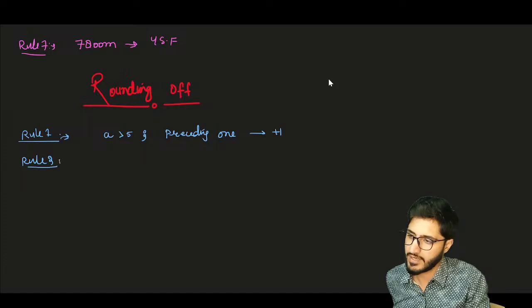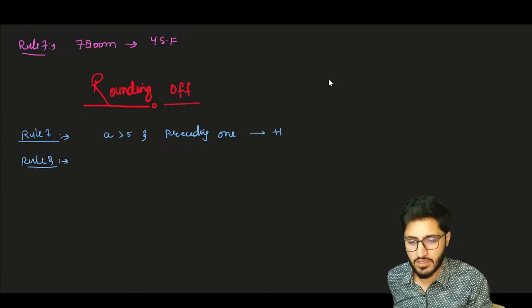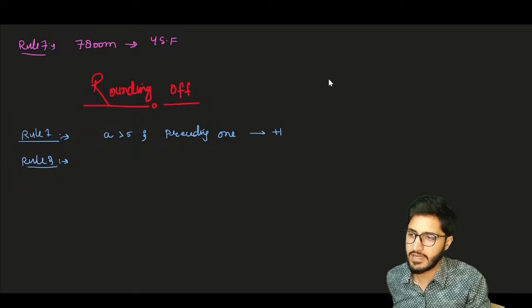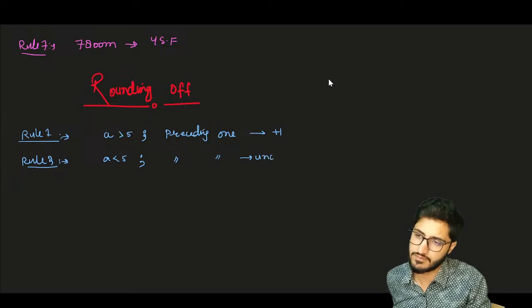Rule number two: if my digit is less than 5, then the preceding one is unchanged.